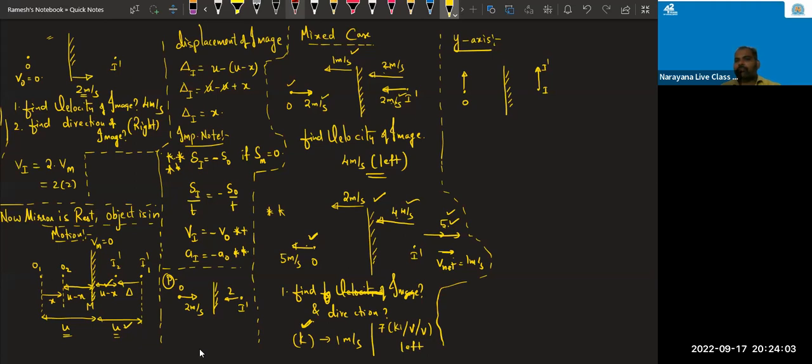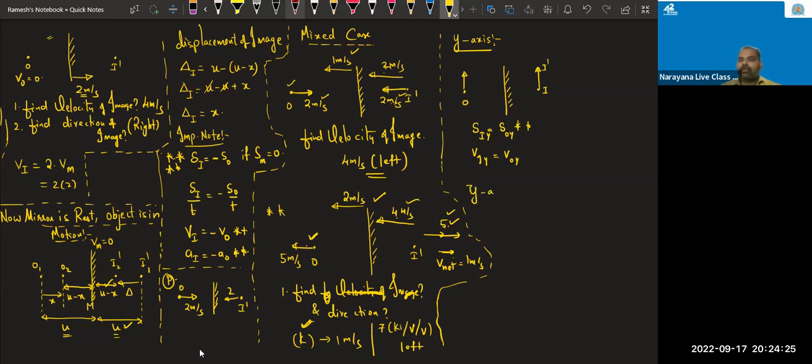If the object is going along the y-axis, I can write one statement. Displacement of image equals how much? Displacement of object along the y-axis. I mean, there is no change. I mean, velocity of image along the y-axis equals velocity of object along the y-axis.